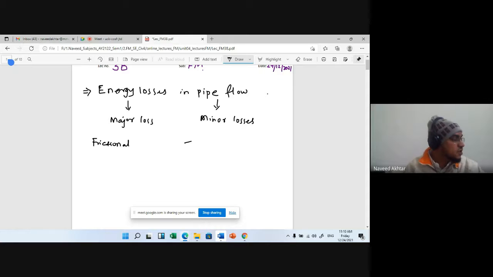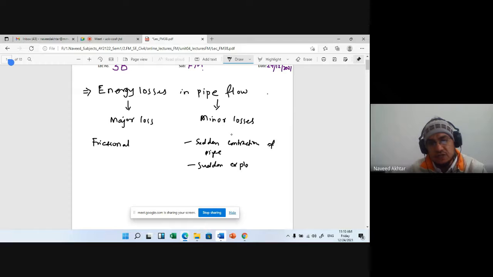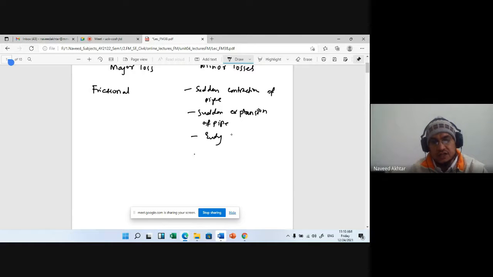It may be sudden contraction of pipe, sudden expansion of pipe, loss at the entry, and there is sudden loss at the exit of the discharge.